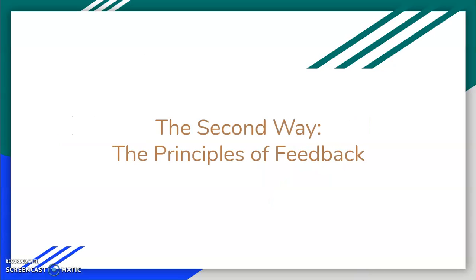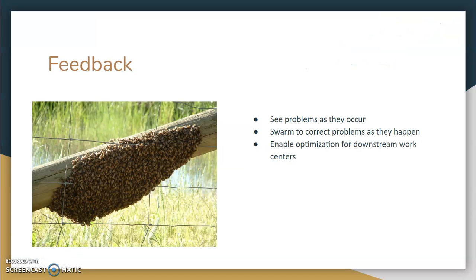The second way is the principles of feedback. The thing that I learned from this section is that when problems happen, because they're going to, even in the best code scenario, if you will, problems are still going to happen. There's just no two ways about it. So when they happen, you need to address them.